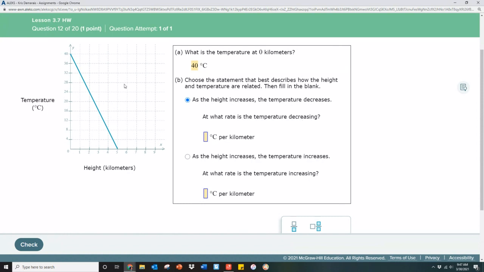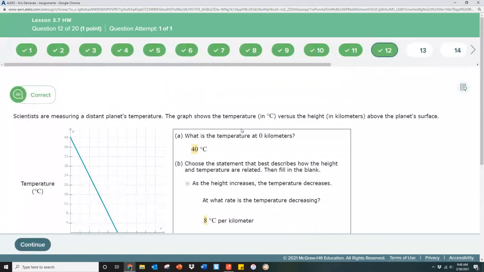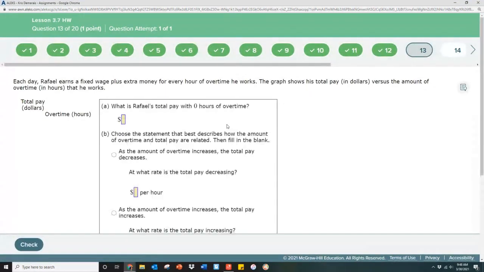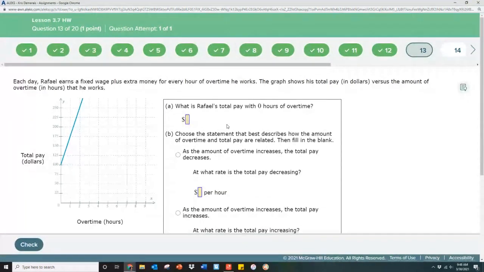At what rate is the temperature decreasing? Well, it's decreasing by 8 degrees Celsius per kilometer. You've done this before in other previous problems or previous sections.